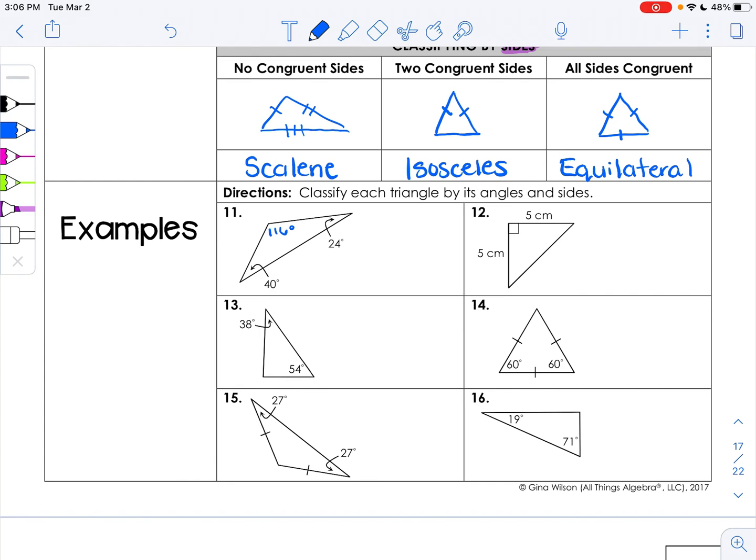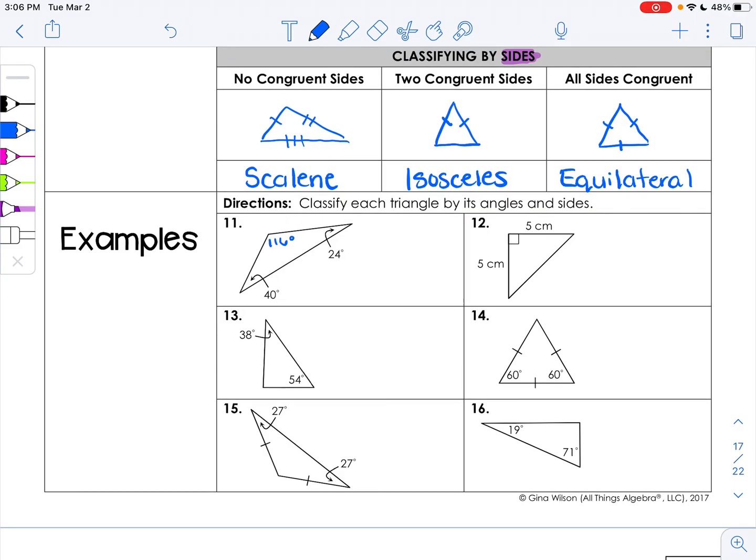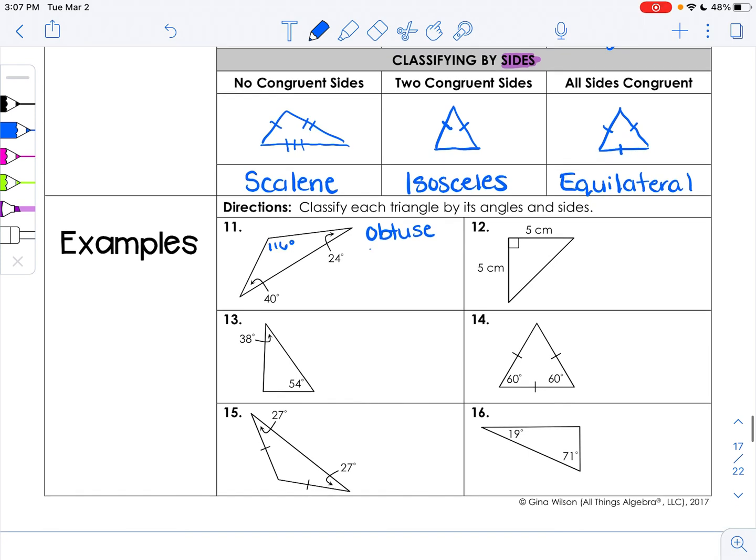So then to classify it based on its angles, I can say that it is an obtuse triangle because I have one angle that measures obtusely. To classify it based on its sides, since all of my angles have different angle measures, that means all of my sides are going to have different lengths, which would make it a scalene triangle.